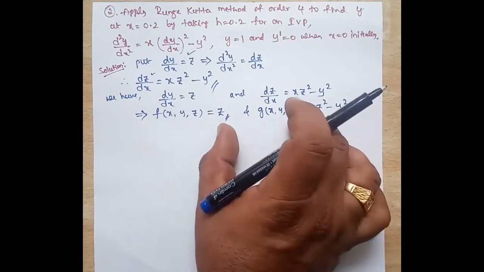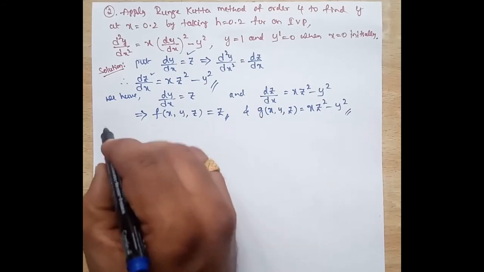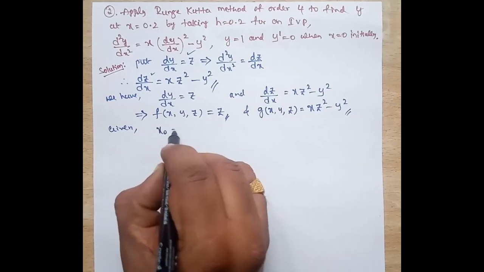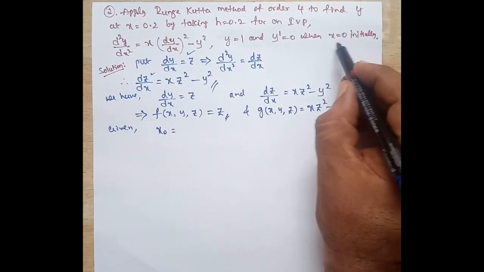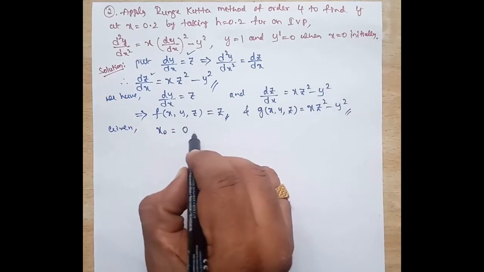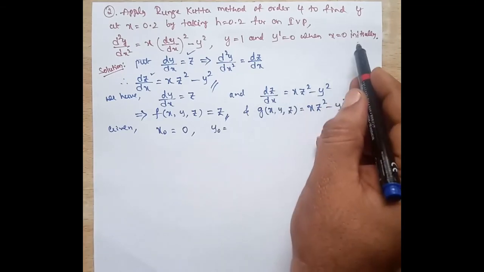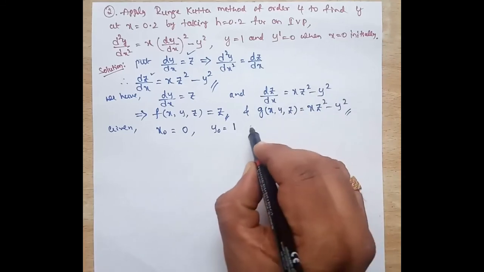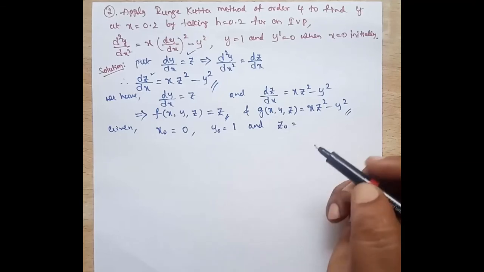Once we get the first order form, see what the initial conditions are. Given x naught, the initial condition. What is x naught? They said x is equal to 0 initially, so x naught is 0. Comma y naught. What is the initial value of y? They said y is equal to 1 initially, so y naught is 1. And what is z naught, the initial value of z?